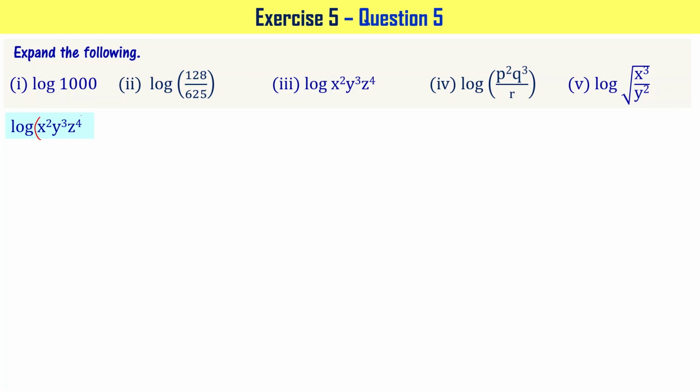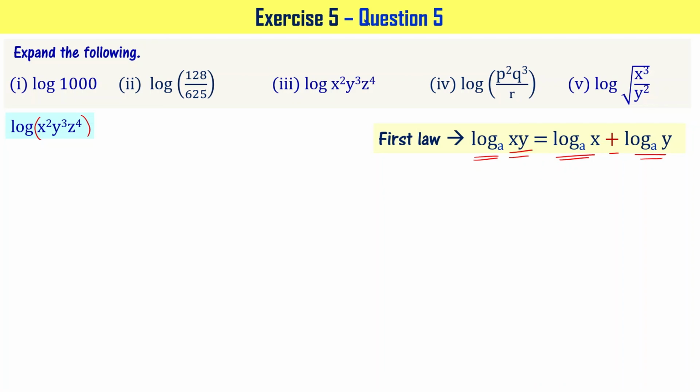z power 4. When you look at this, you say that we can apply the first law, right? Meaning if something is multiplied and when you apply log, it becomes log of individual components in their summation, right? As per this, I can write this as log of x square plus log of y cube plus log of z power 4, right?